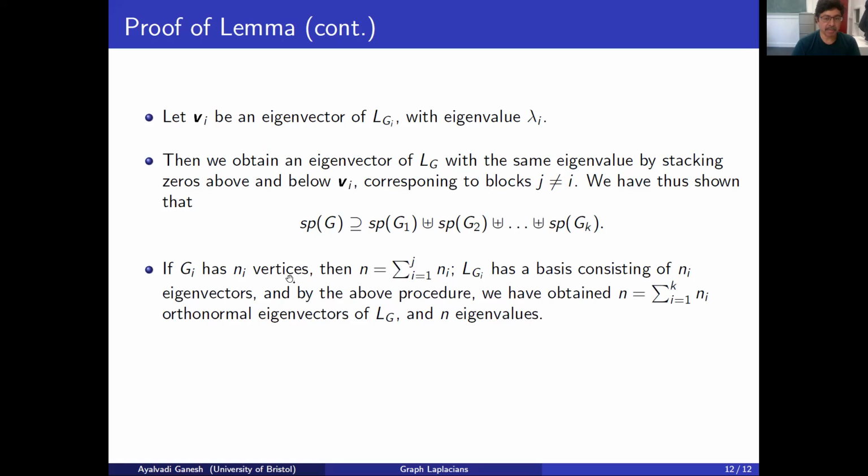If Gi has ni vertices, then the total number of vertices n is the sum of the ni. LGi has ni eigenvectors, and we have padded them out, so it contributed ni eigenvectors to LG. So we already obtained n orthonormal eigenvectors of LG. And LG is an n by n matrix, so it can only have n eigenvalues and n eigenvectors. So we found all of them. And that completes the proof of the lemma.